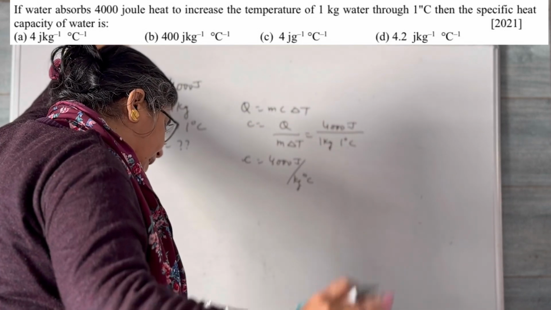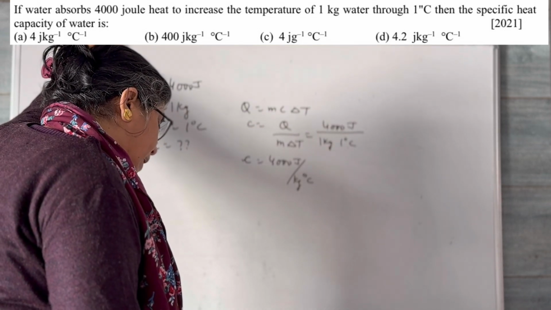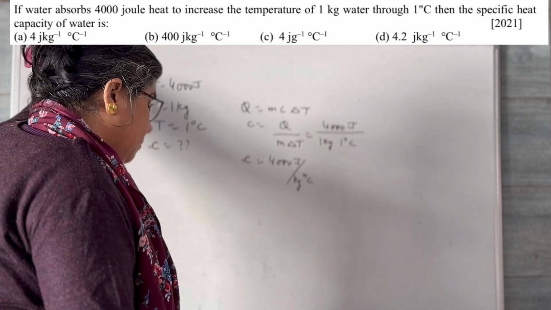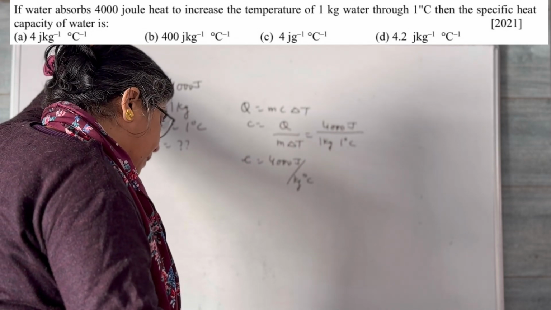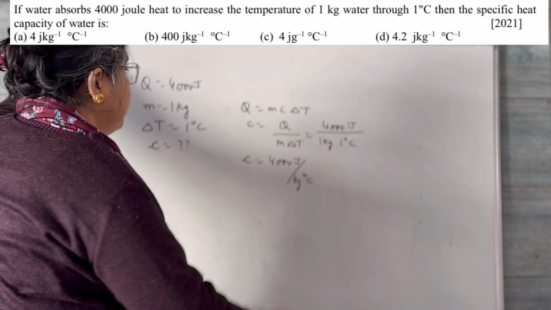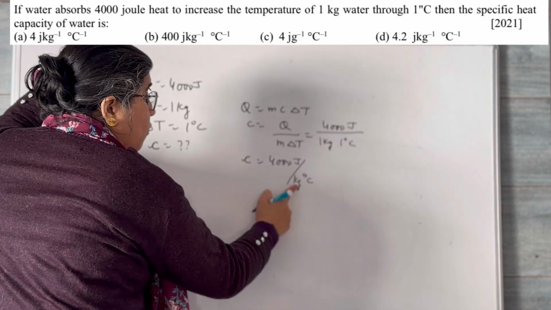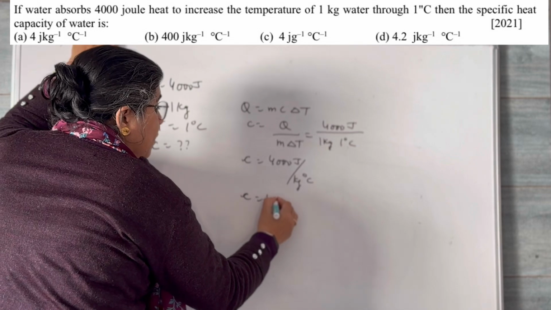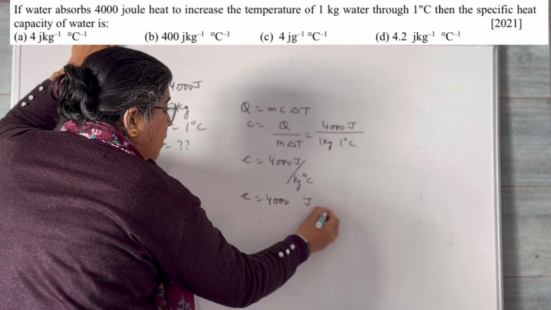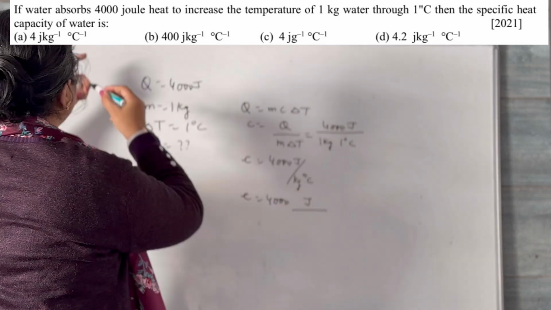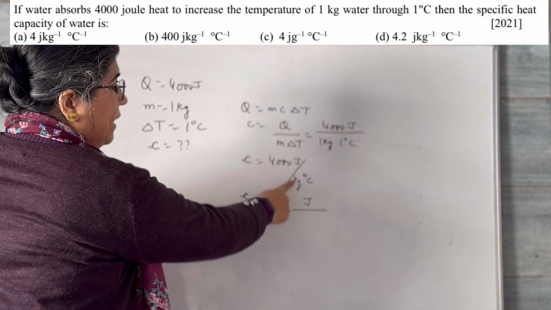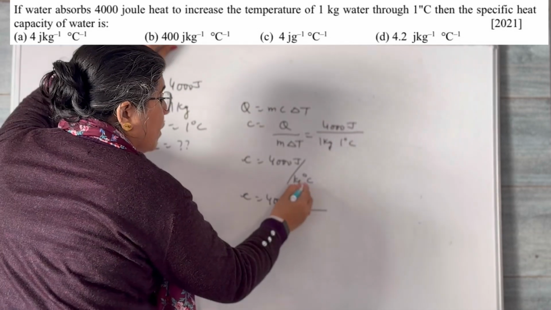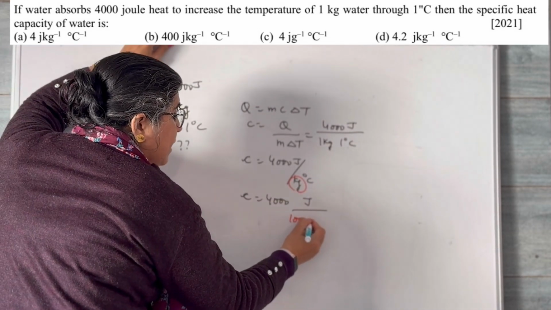But you never had an option like this. You had 4 joule per kg per degree centigrade, 400 joule per kg per Kelvin, and so on. C option, check out. You want to divide this into grams. How will you do it? You will write 4000 joule. Here you had kg, 1 kg. I can write it as 1000 grams.